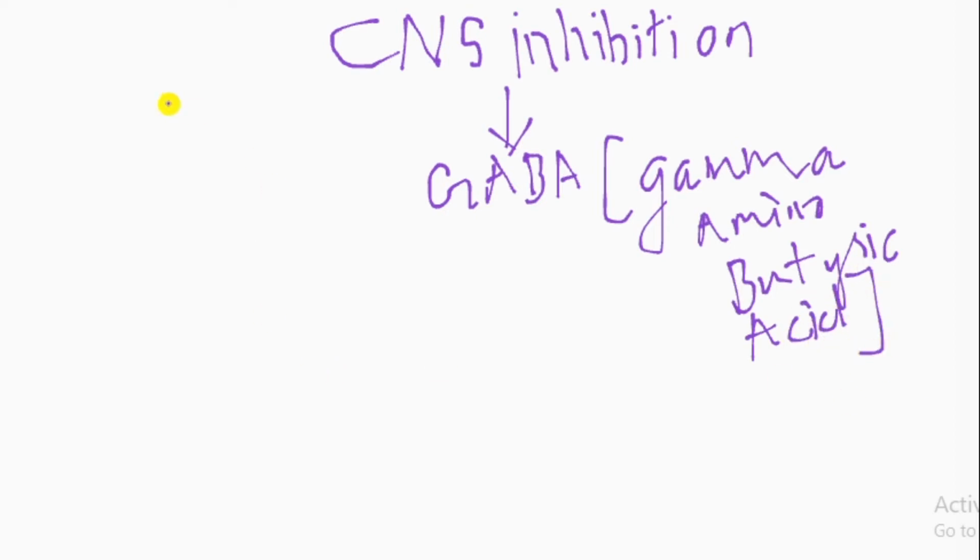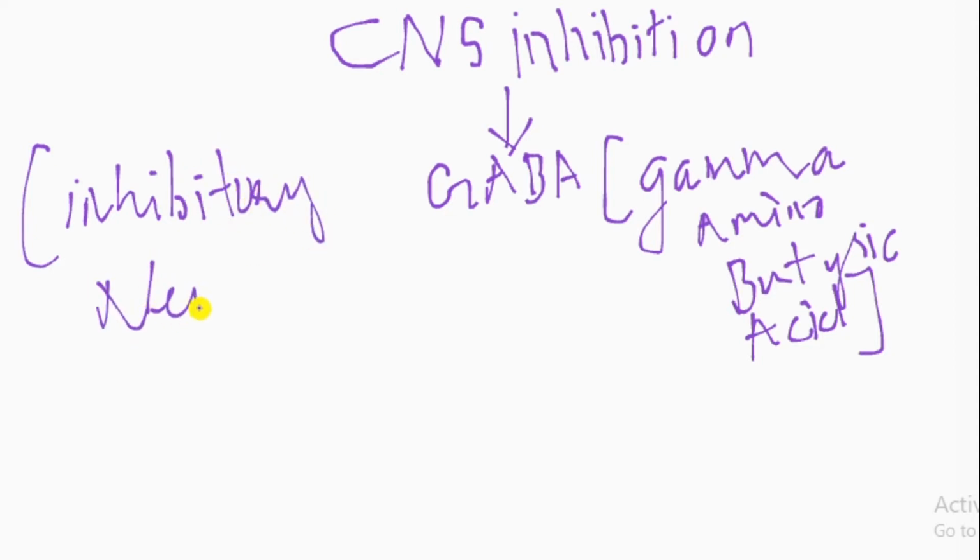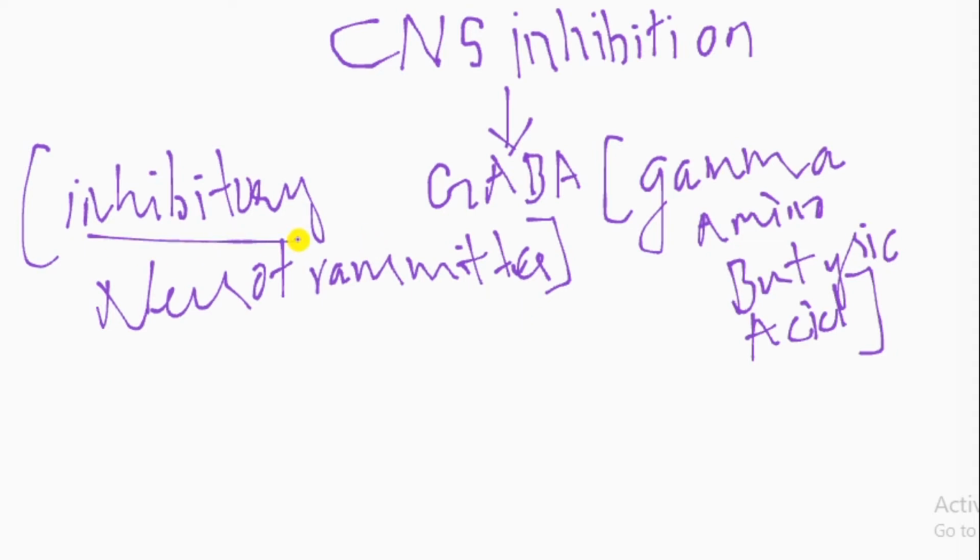So this is an inhibitory neurotransmitter. How does GABA work? GABA works to inhibit excitation in the synapse.